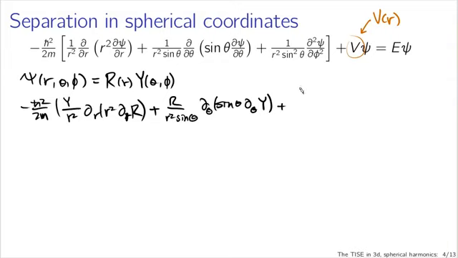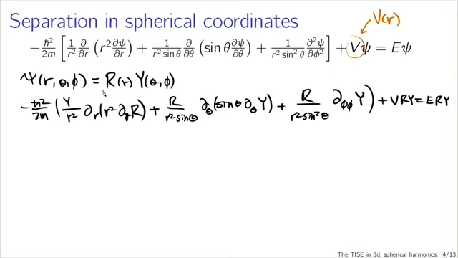The third term, R again being untouched, R over r squared sine squared theta, and then the second partial derivative with respect to phi of Y, my theta and phi parts. And that plus V times R Y, my wave function, is going to be equal to E times R Y, my wave function. So that's what I get when I substitute this separation guess in here.